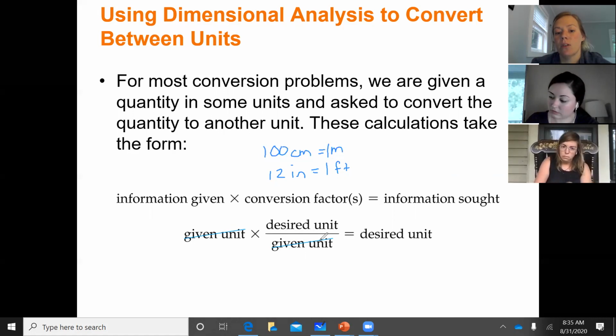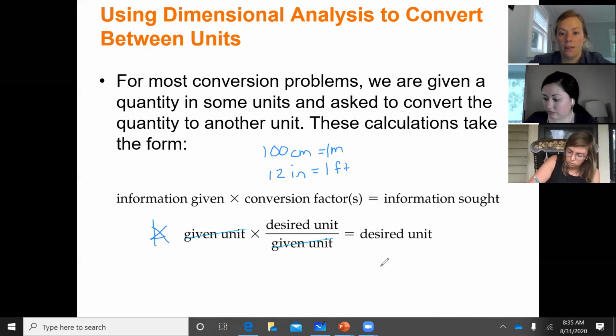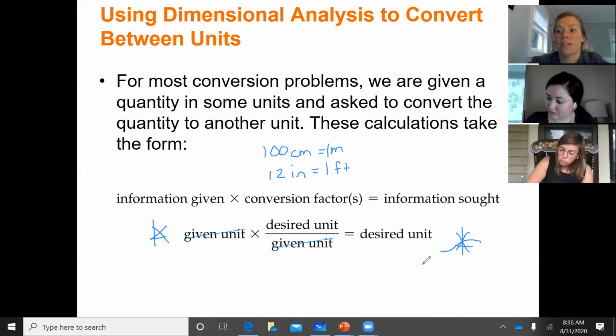What happens is the given units will cancel and you'll be left with the desired units at the end. So this setup here is like the money shot that we will do over and over and over again throughout the semester. Even when we get into things that are more complicated like stoichiometry, where we've got moles and different compounds, our math is still going to be following this.